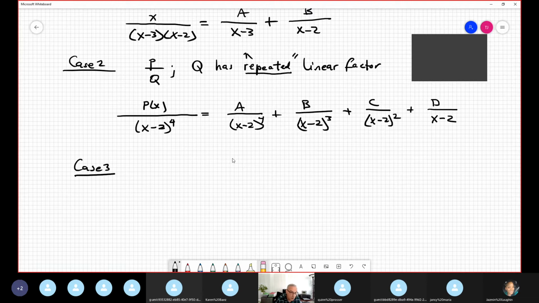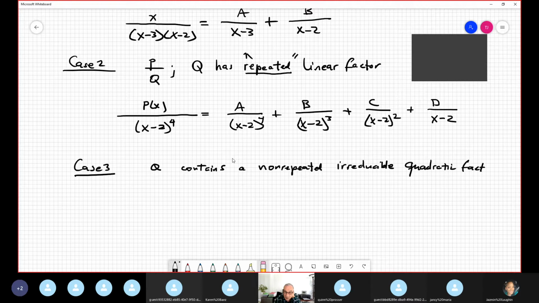Case 3 is when the Q contains a non-repeated but irreducible quadratic factor. What does it mean to be irreducible?